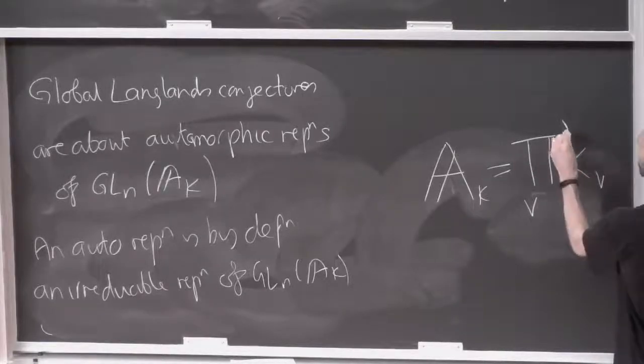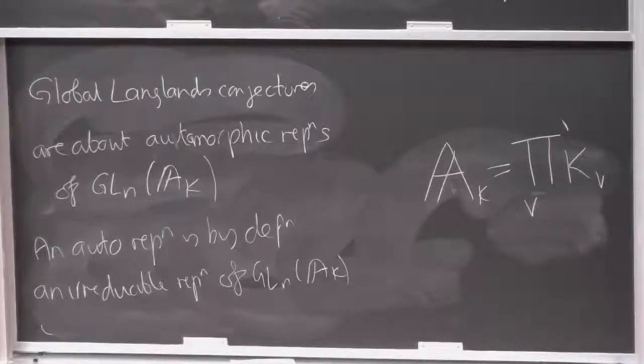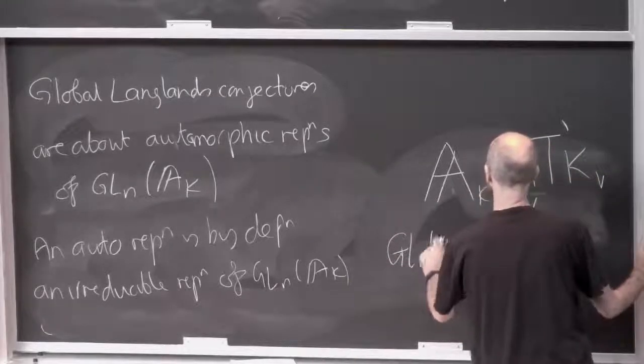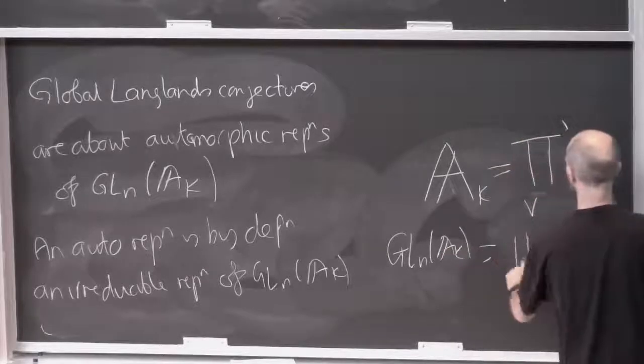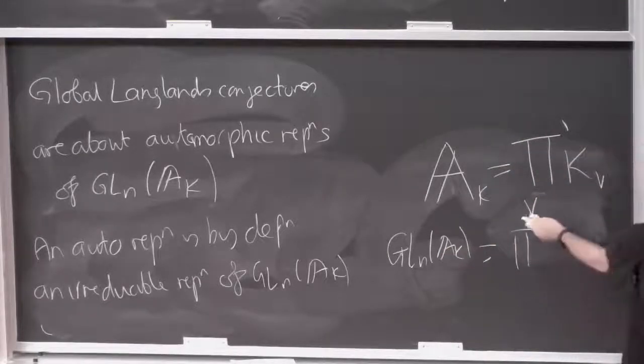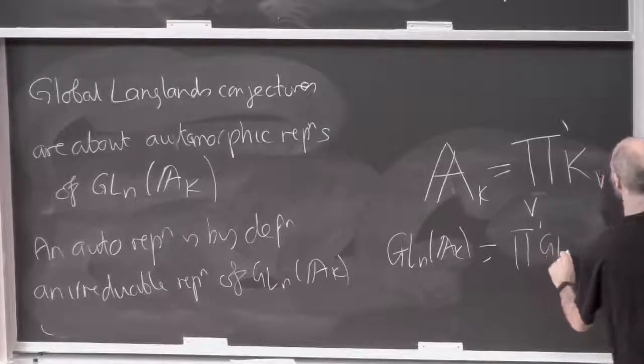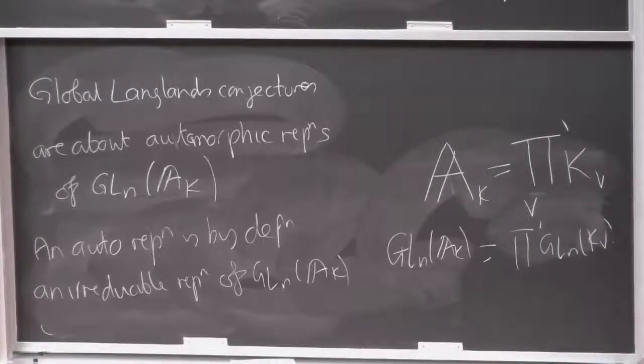This is hiding information, and now is a good time to hide that information because I'm thinking slightly vaguely, right? So the Adels of K is some huge product of these groups here. And so therefore GLN of the Adels of K is some huge restricted product, I'll just put that dash there, and the definition of the dash is it makes it work, right? Of GLN of KV. That's somehow what it must be.